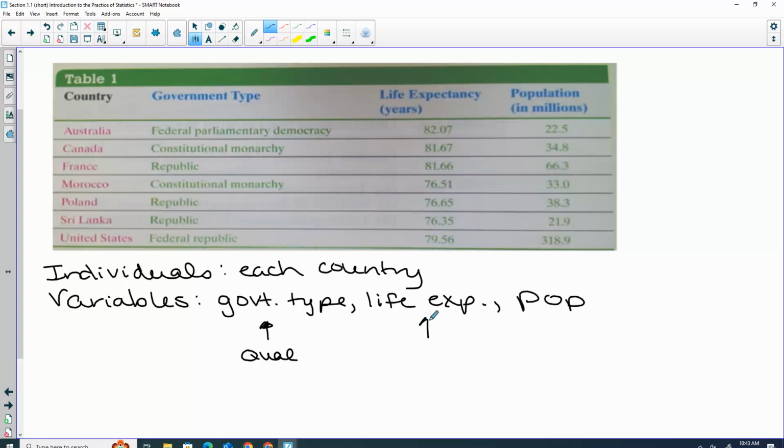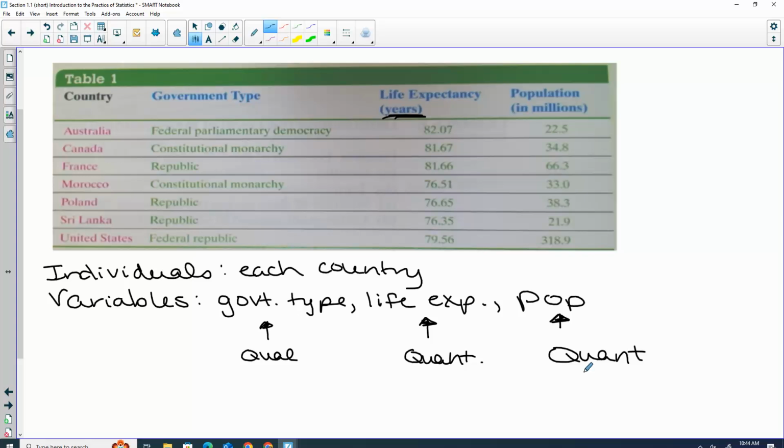Life expectancy, it tells us in the table, that is measured in years. So that would be, okay, population. Quantitative. All right.